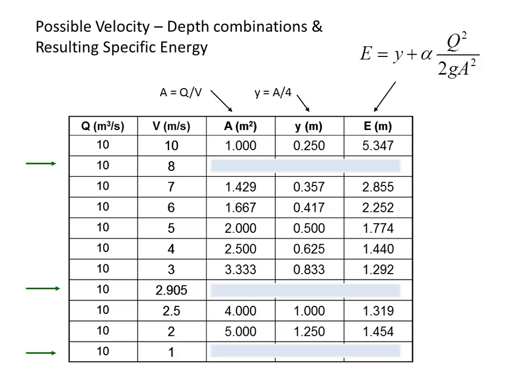So what I'd like you to do is calculate, I've got them for most of them, but I'd like you to calculate the blanks for the 3 rows that have green arrows on them, just to get some practice calculating specific energy. And then we're going to look at what this data means.